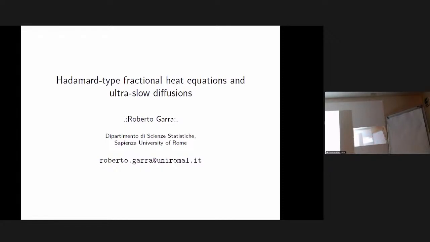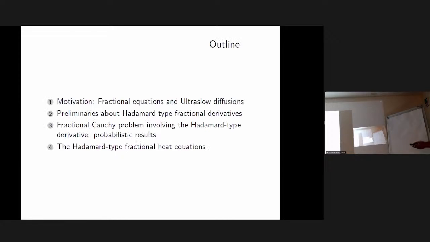Okay, thank you. So, the topic of my talk is fractional differential equations involving Hadamard type derivatives, but I introduce this problem in the framework of ultra-slow diffusion.